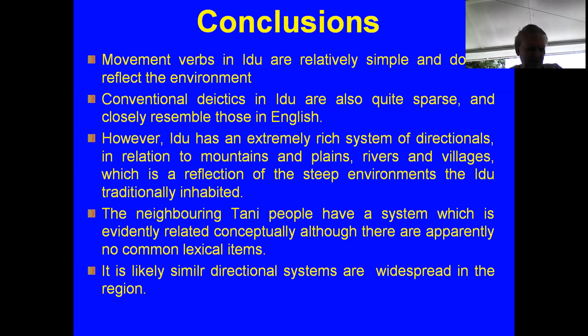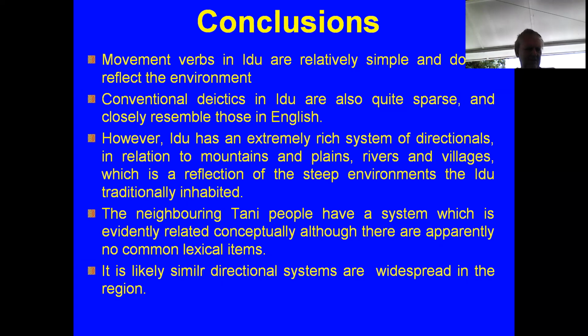From what we know, the neighboring Tani people also have a system which is related conceptually, although there are apparently no common lexical items. One of the interests of the Tani is that all the Tani peoples are a complex network of related peoples.